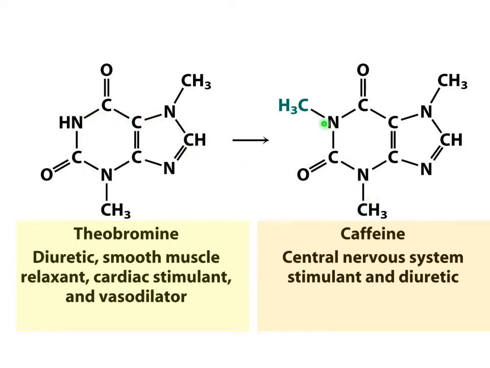Next, caffeine is methylated theobromine, so one methyl group instead of hydrogen atom in this position. In fact, most of caffeine you have in your caffeinated drink is synthetic, coming from methylation of theobromine recovered from cocoa beans.